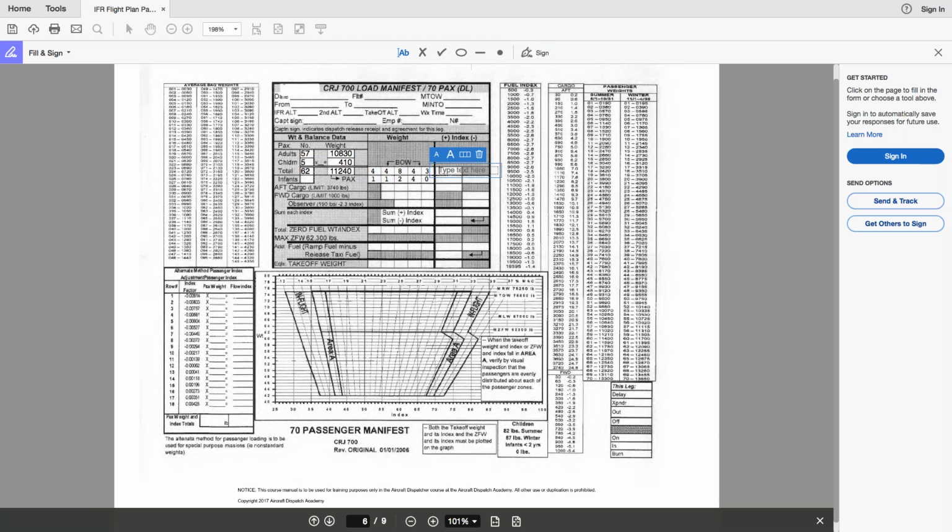And what was the index? 71.6. Okay, so 71.6. Our passenger index we need to go and figure out.